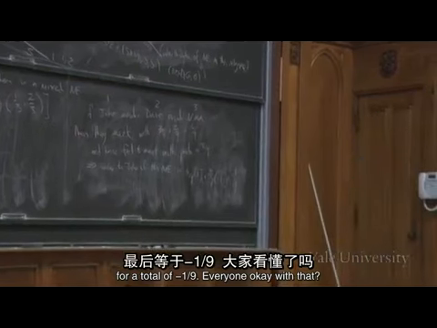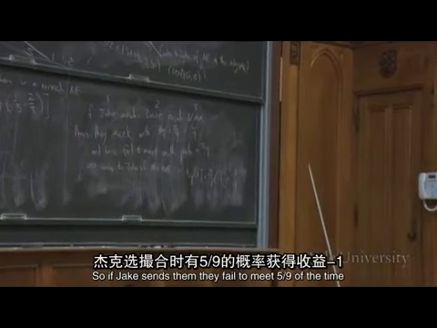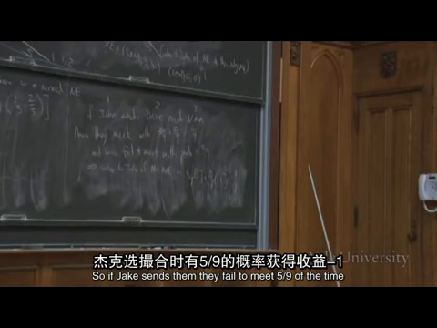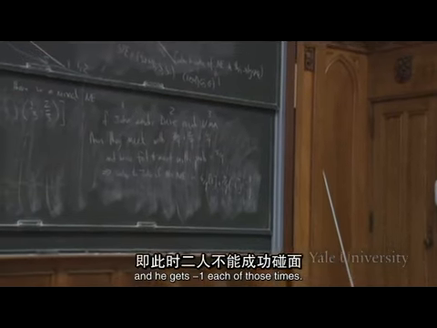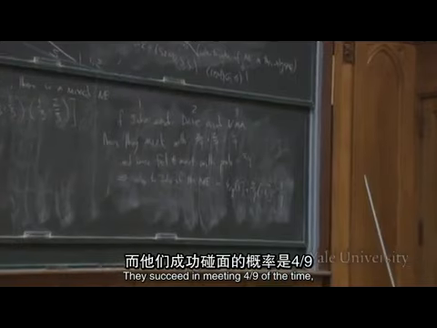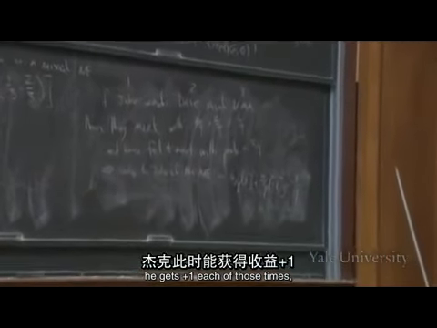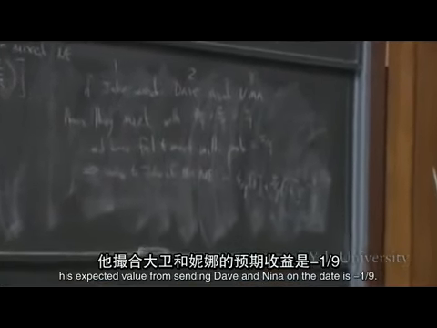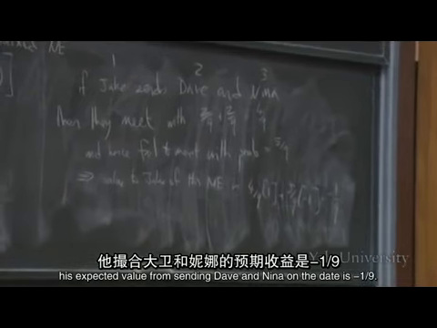Everyone okay with that? All right, so if Jake sends them, they fail to meet 5/9 of the time, and he gets -1 each of those times. They succeed in meeting 4/9 of the time, he gets +1 each of those times. So his expected payoff from sending Dave and Nina on the date is -1/9.